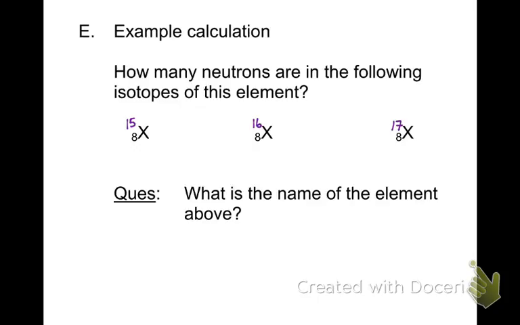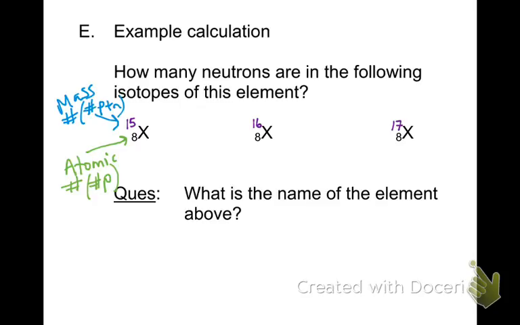So the question is how many neutrons are in the following isotopes of this particular element, and then what is the name of this particular element? So things that we need to recognize: our bottom number tells us our atomic number, so that tells us our number of protons, and our top number is our mass number, and that's going to tell us our number of protons plus neutrons.